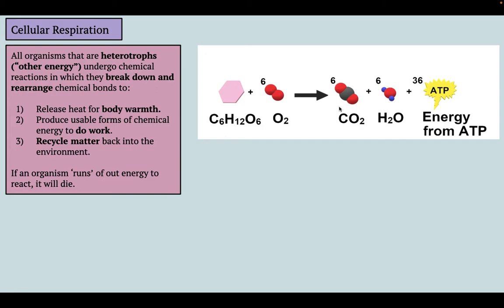And it helps recycle matter back into the environment. If you know anything about photosynthesis, you know that CO2 and water are the inputs or the ingredients for photosynthesis. If an organism runs out of energy to react within their systems, they will die.